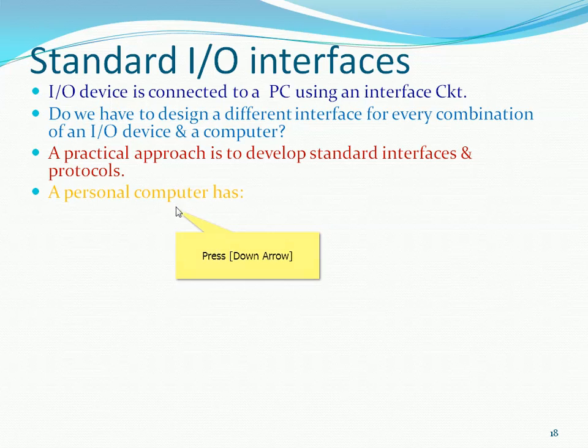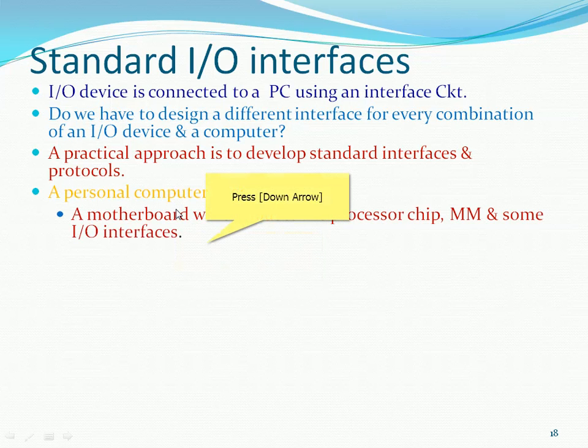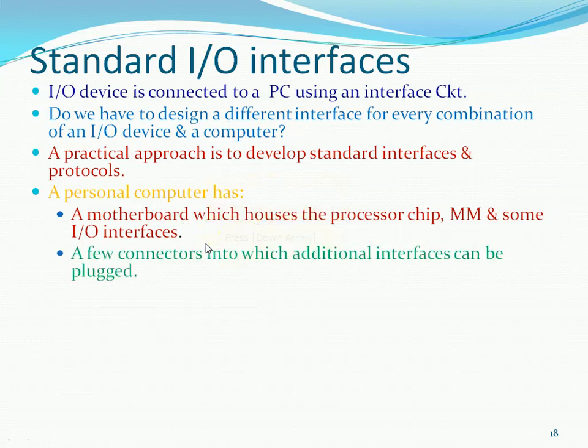The personal computer has a motherboard which houses the processor chip, the DMA controller, the interfacing circuits, the memory chip, the I/O devices or their interfacing circuits, or maybe some graphics card. So all of those will be housed on the motherboard.